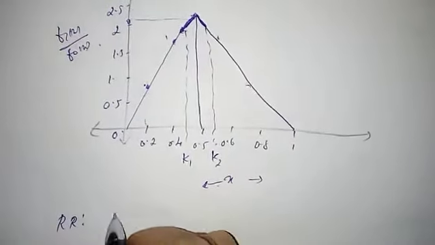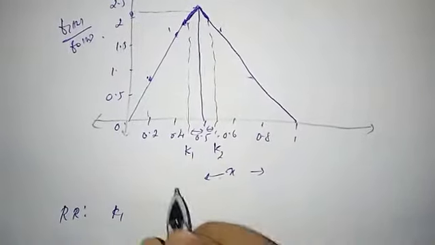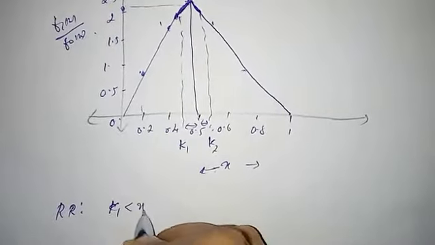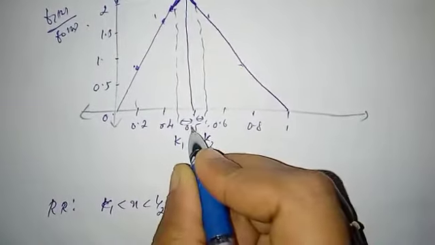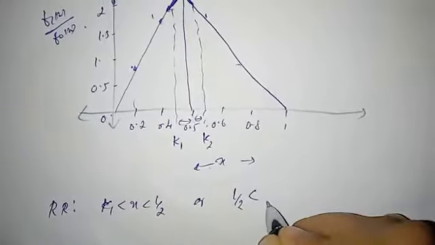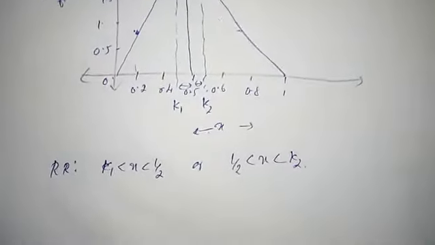That is k1 less than x less than 1 by 2, or 1 by 2 less than x less than k2. Okay, these are the two rejection regions.